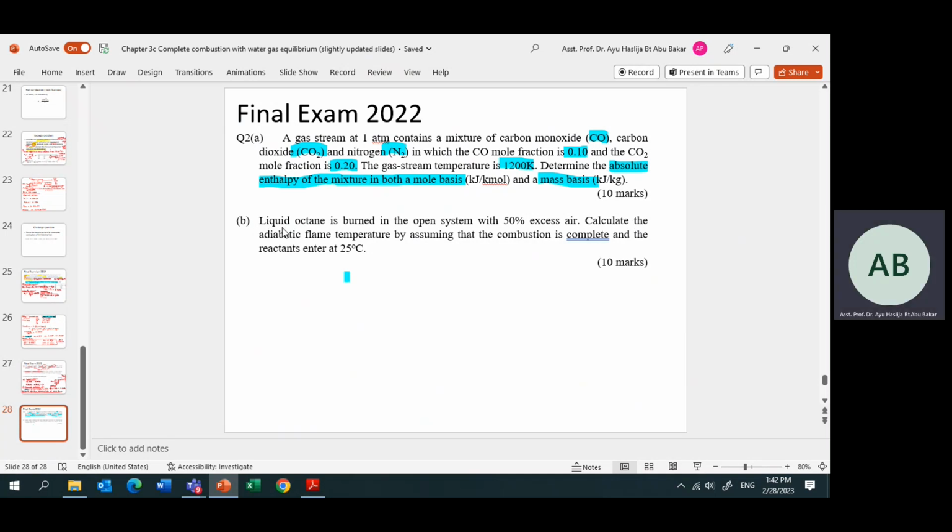For B over here, it asks you to calculate the adiabatic flame temperature, T adiabatic, assuming combustion is complete and the reactant enters at this. Here for B, how do you know whether it is constant pressure or constant volume? Which one to use?